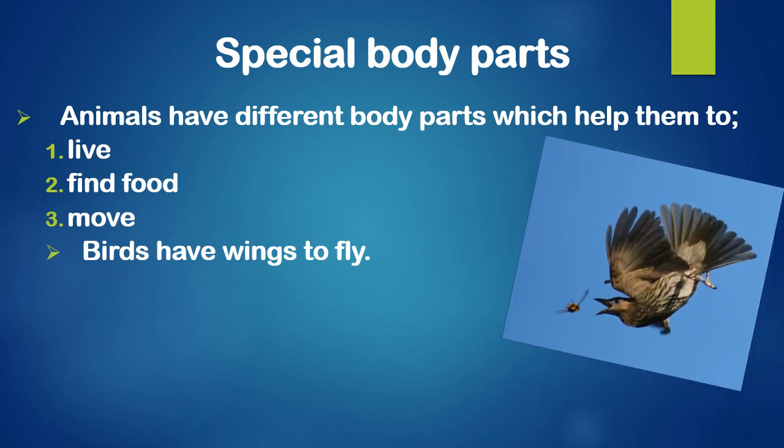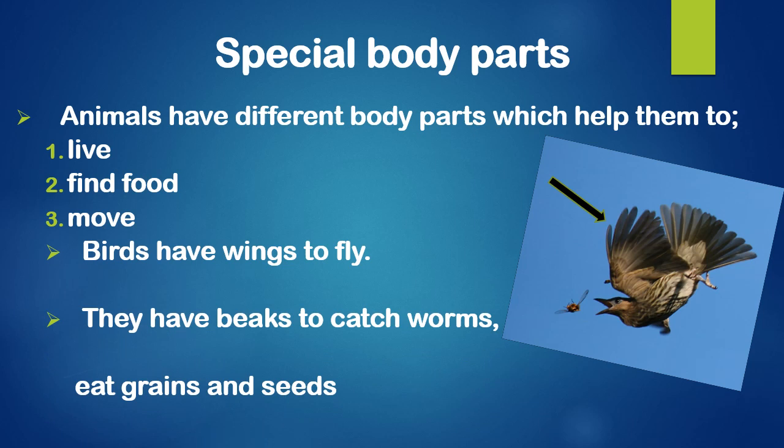As you can see in this picture, a bird is flying with the help of its wings. They have beaks to catch worms, eat grains and seeds. So their beaks help them to catch worms and insects.